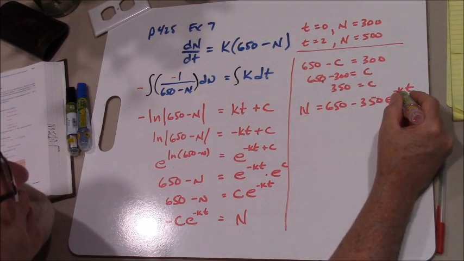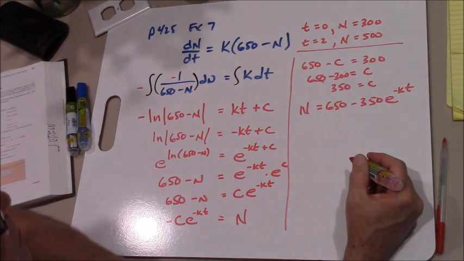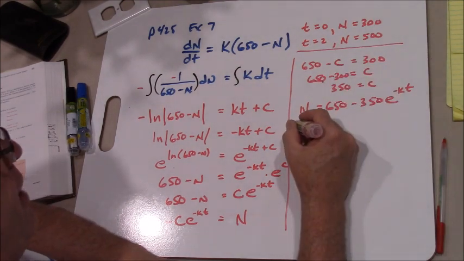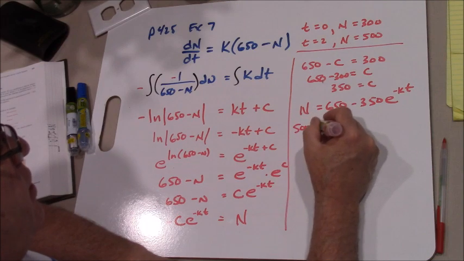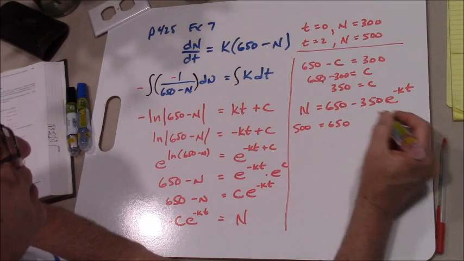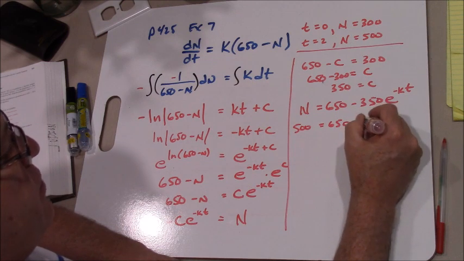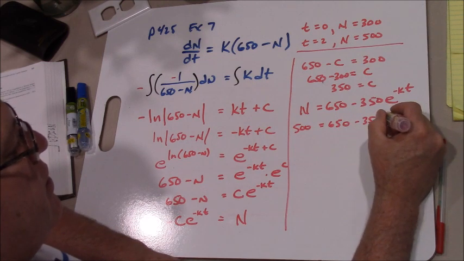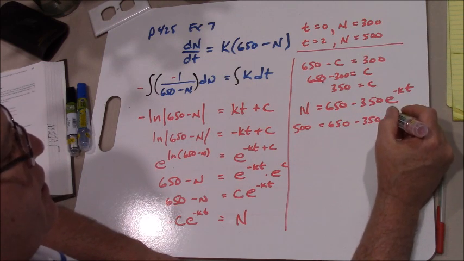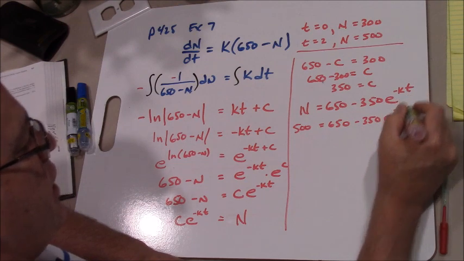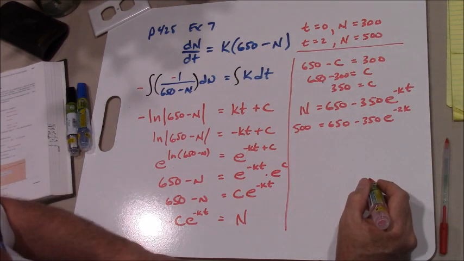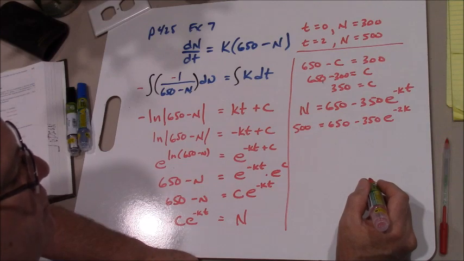I still need to know what the k value is. So when t equals 2, our population was 500. So 500 equals 650 minus 350 times e raised to the negative 2k. And so now I need to solve that equation.